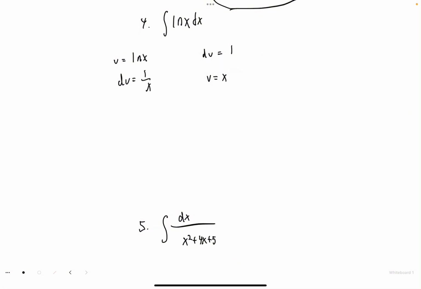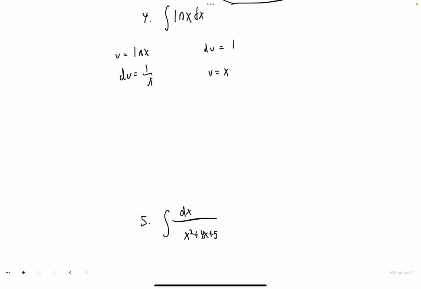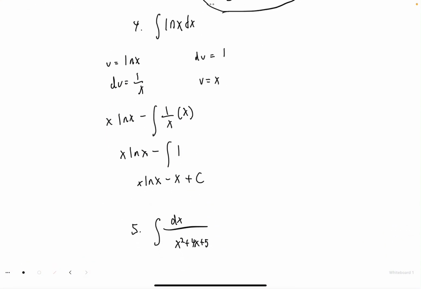So this one isn't as tricky as the previous integration by parts. We just have to do u times v. So x times ln x, minus the integral of 1 over x times x, which would get you down to the integral of basically 1 at that point. So x ln x minus x plus c. And no, I didn't forget the c. Okay, so that would be the answer to that question.